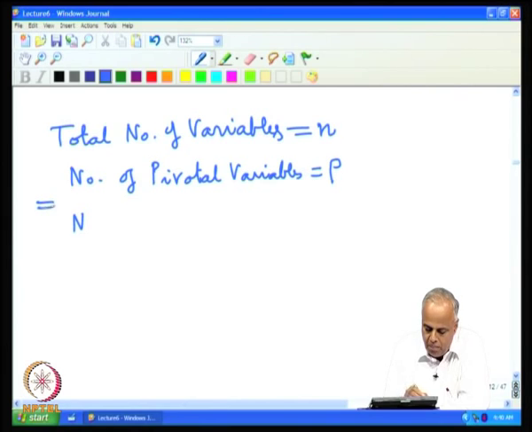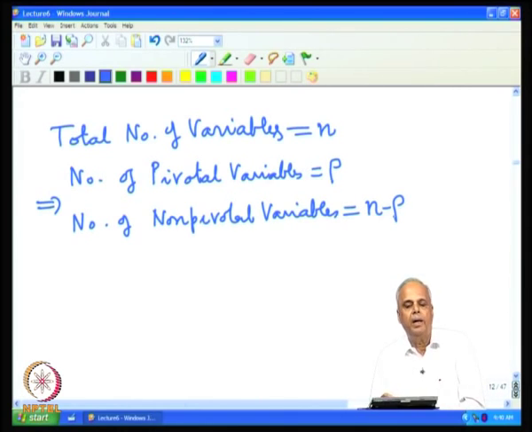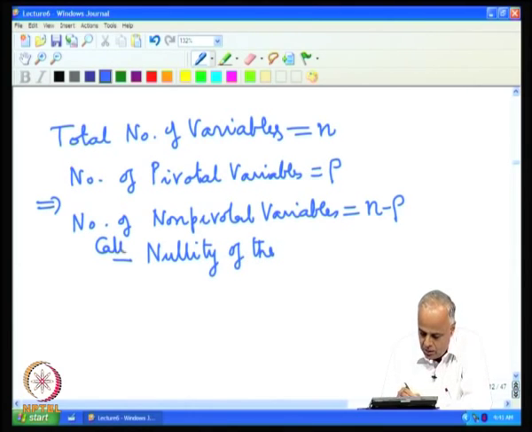Therefore, the number of non-pivotal variables is equal to n minus rho. There were n variables in all, rho of them were pivotal, so n minus rho will be non-pivotal. This is called the nullity of the matrix A.